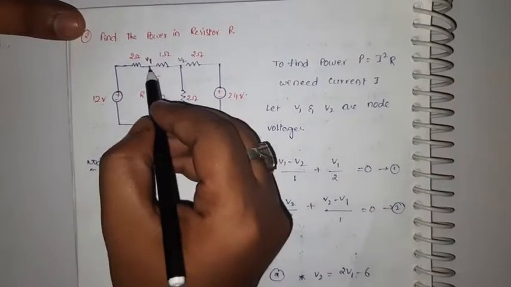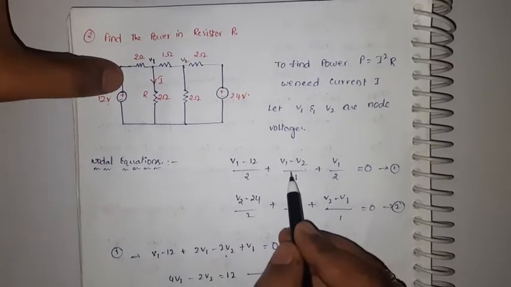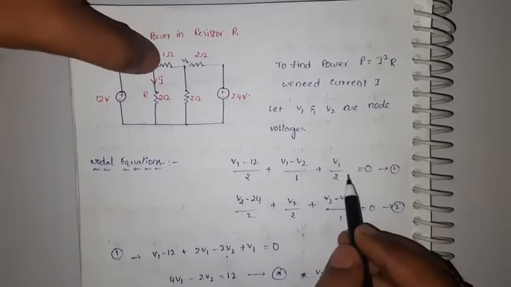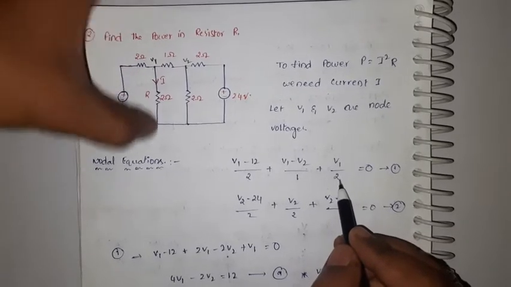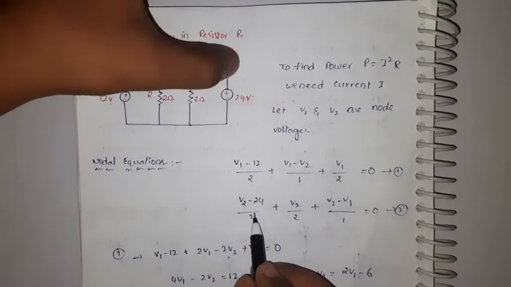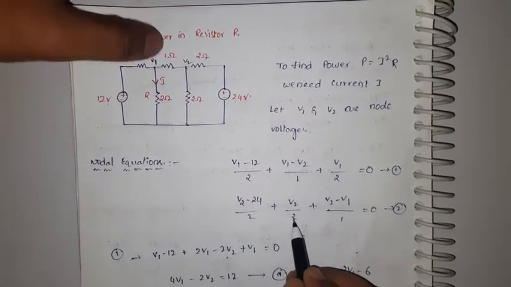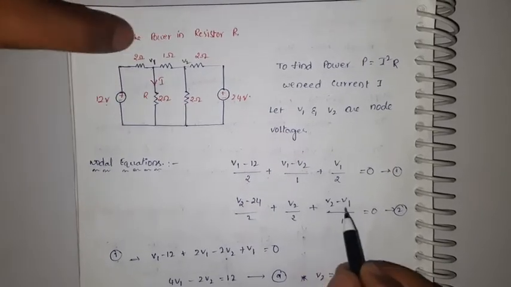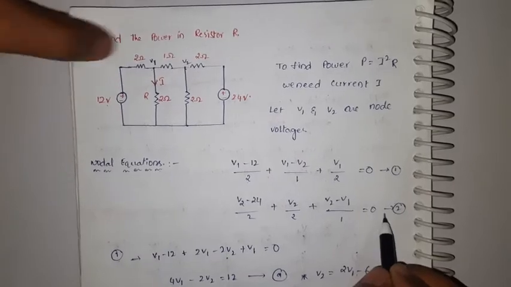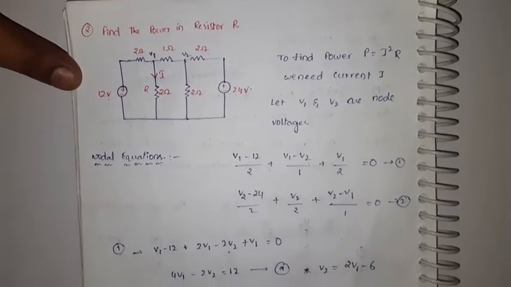Once again, (V1 minus 12) by 2 in this branch, (V1 minus V2) by 1 in this branch, and V1 by 2 in this branch equal to 0, and (V2 minus 24) by 2 in this branch, V2 by 2 in this branch, and (V2 minus V1) by 1 in this branch, that is equal to 0. We have finished writing the two nodal equations.